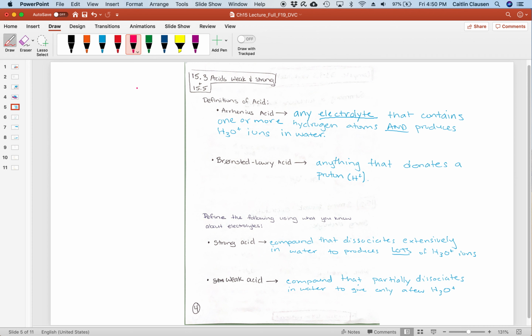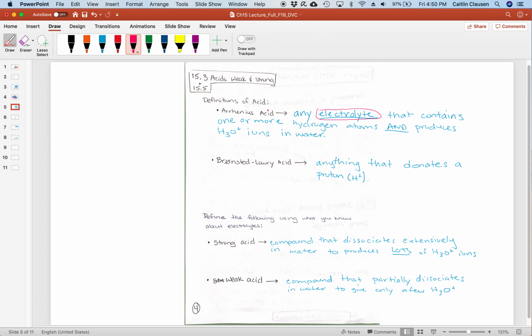So acids are basically a specific type of electrolyte. So if we look at the Arrhenius definition of an acid, it's any electrolyte, which we've already defined, that contains one or more hydrogen atoms and produces H3O plus ions in water.